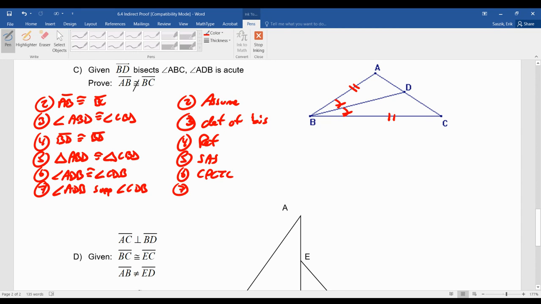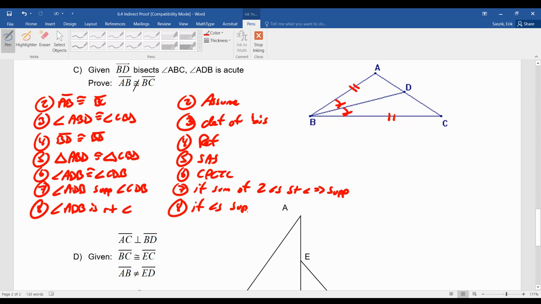Okay. And then, what's this? If the sum of two angles is a straight angle, then supplementary. And then we can say that angle ADB is a right angle. This is that new thing we did just a couple days ago, right?